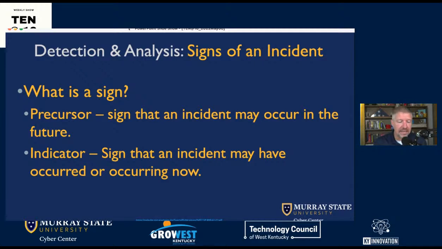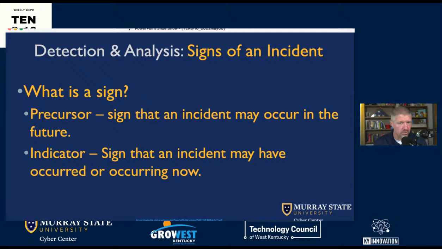So maybe we find signs in a log file that people are scanning our firewall. Well, it happens a lot, and maybe it's from certain IP addresses that are known to be bad, or maybe it's coming from a foreign country, but it is an indicator that an attack or an incident may occur in the future.